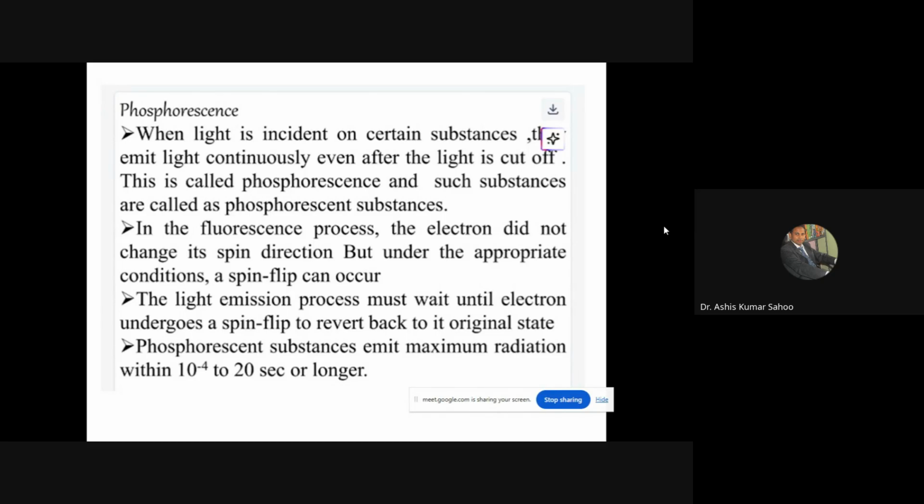In the fluorescence process, the electron doesn't change its spin direction, but under the appropriate condition, a spin flip can occur. The light emission must wait until the electron undergoes a spin flip to revert back to the original state. Phosphorescent substances emit maximum radiation within 10 to the power minus 4 to 20 seconds or longer.